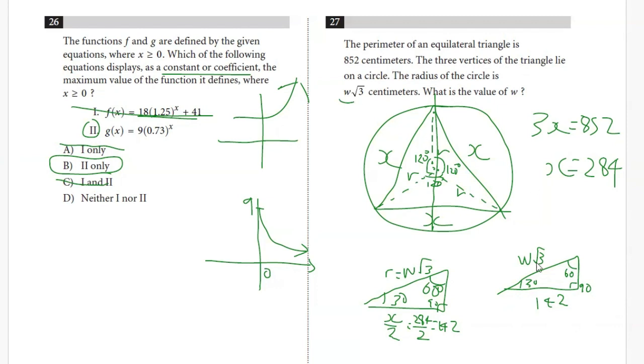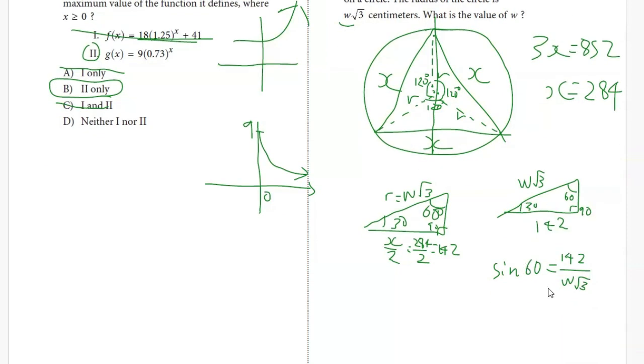Since we know the opposite and the hypotenuse, I can write down sine 60 is equal to 142 over W square root 3. We know that sine 60 is square root 3 over 2, so it is equal to 142 over W square root 3.